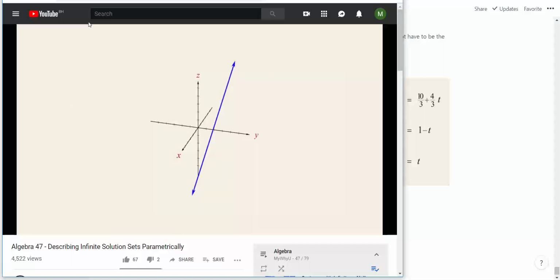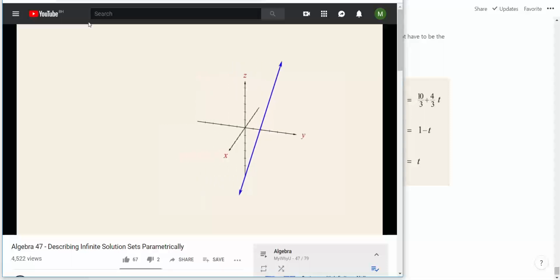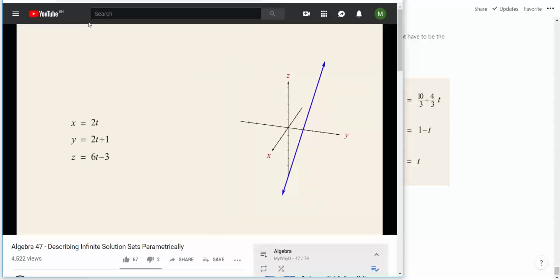There is no single unique set of parametric equations for a given solution set. Many different parametric equations can describe the same solution set. The point described by different equations may lie at a different position on the line for a given value of the parameter.